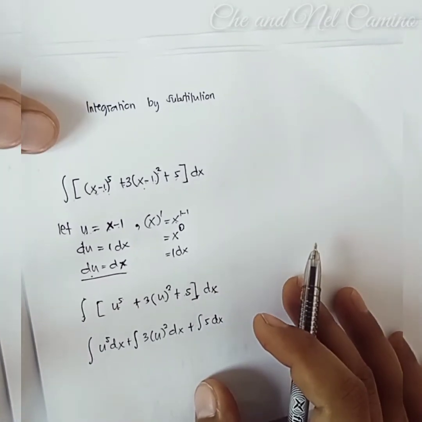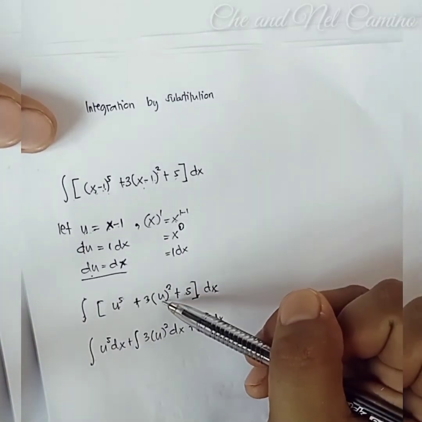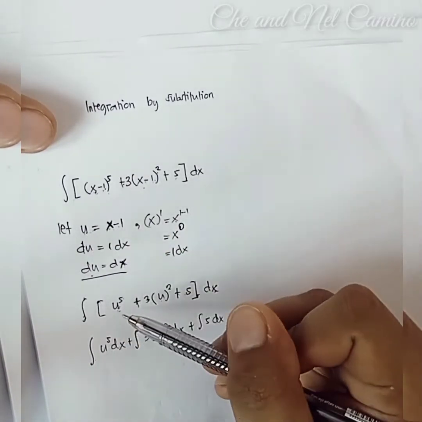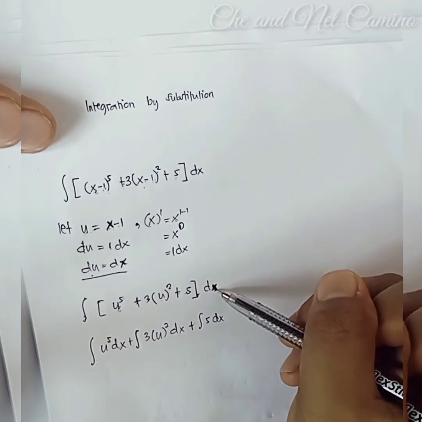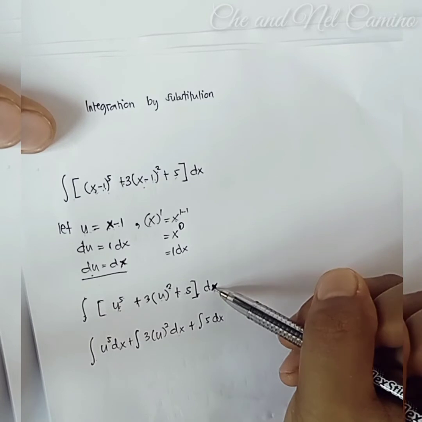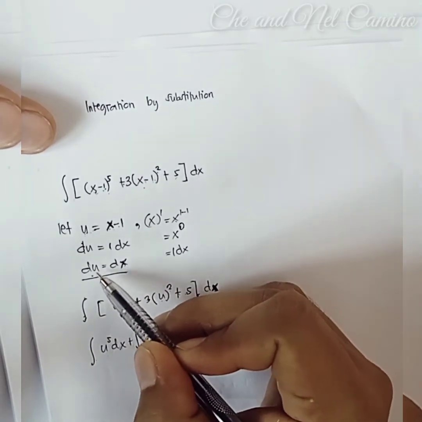We have forgotten something here. Since we have replaced x minus 1 by u, we are also going to replace dx by du, since dx is equal to du.